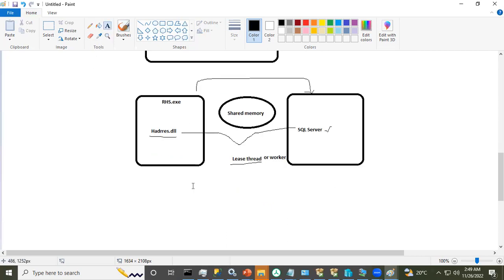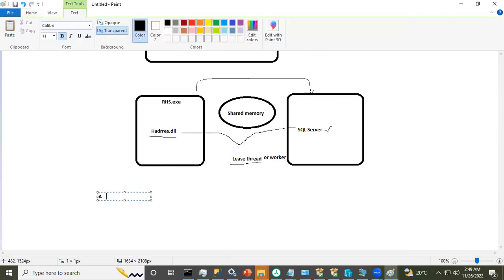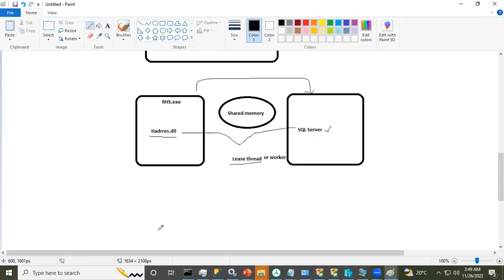So for example, let's consider that this is giving a signal and this is responding to that signal. At the same time, SQL Server is also giving a signal, and it has to respond. So both ways, the HADR resource.dll responds to the SQL Server, and at the same time the communication happens between the resource DLL and the SQL Server, right?